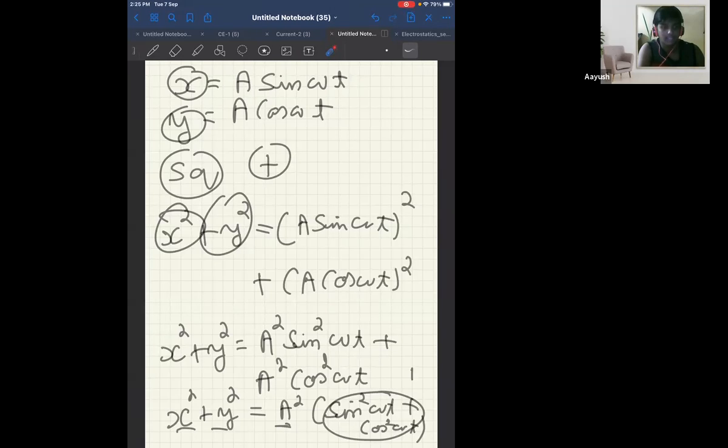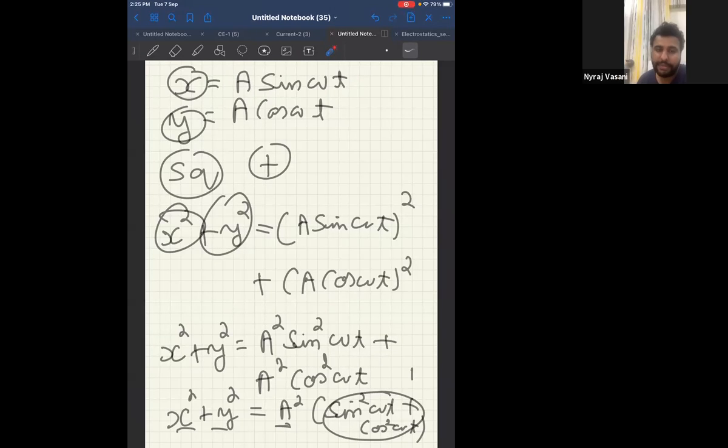So the second one contains trigonometric. Come again, second one, sine square omega t.